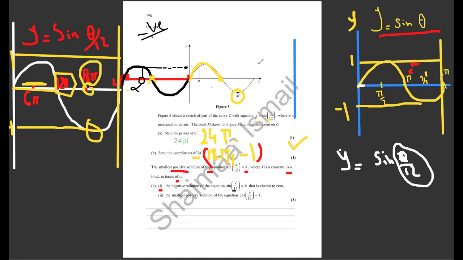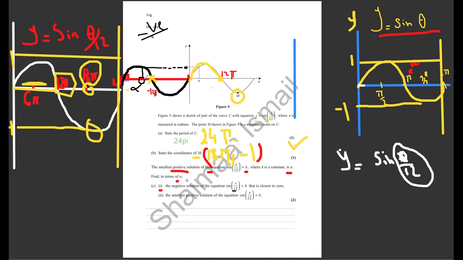So this here is 12 pi, and this will be negative 12 pi.